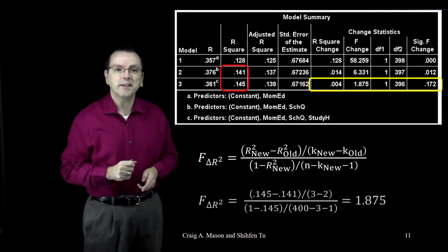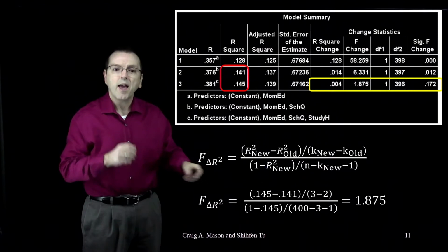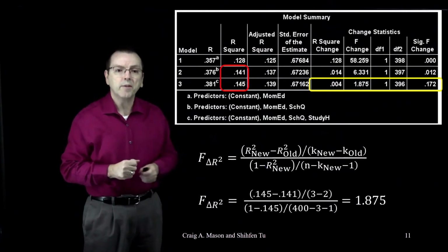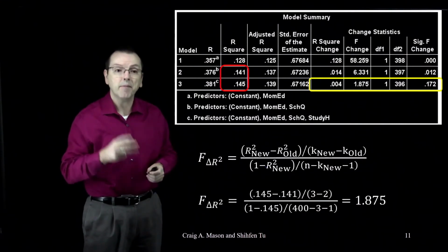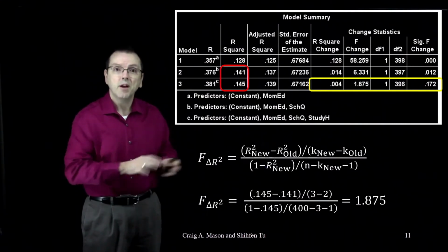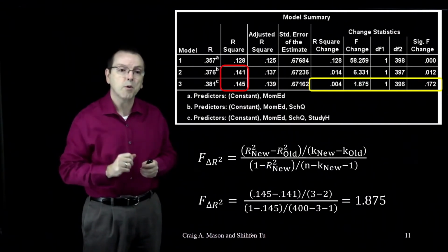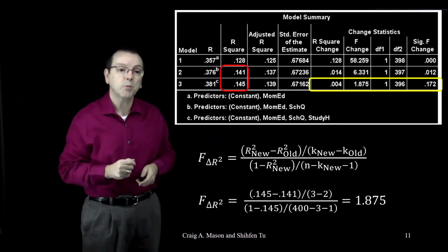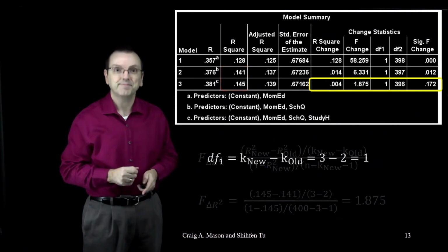If we plug in all the values, we get our F for the change in R squared is equal to 0.145 minus 0.141 divided by 3 minus 2. All of that divided by 1 minus 0.145 divided by 400 minus 3 minus 1, or 1.875.